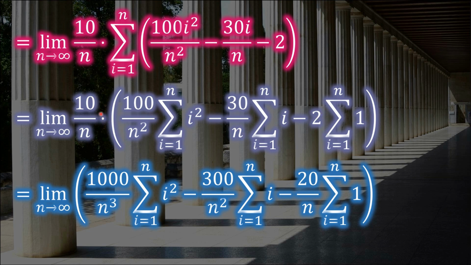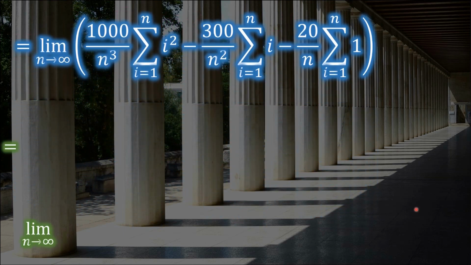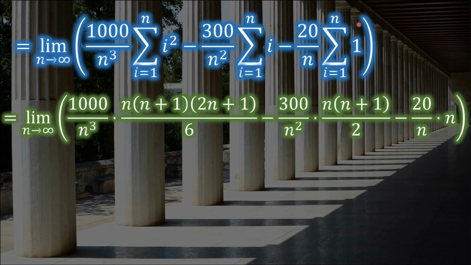So now I don't have this hanging around out front, I just have constants in front of each one, which was unavoidable. But now I can apply those formulas that we know. The summation for 1 is just n. The summation for i, we said, is n times n plus 1 over 2.